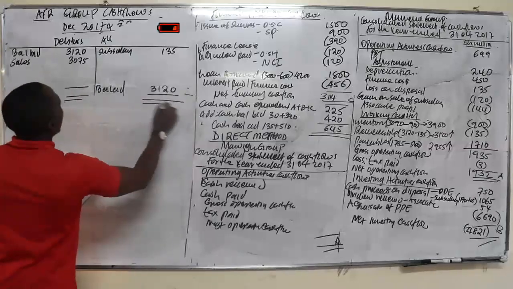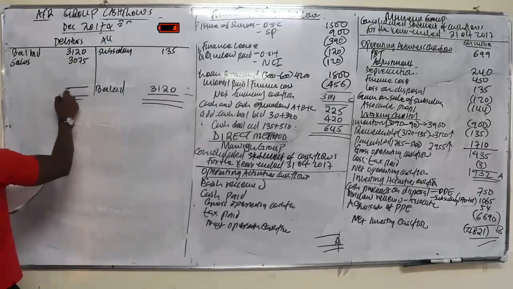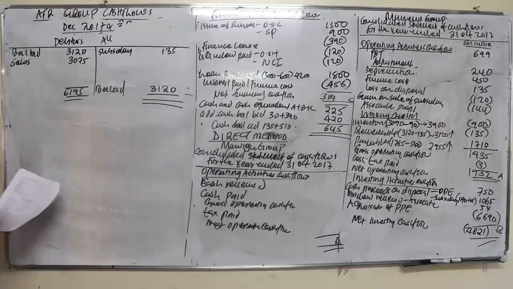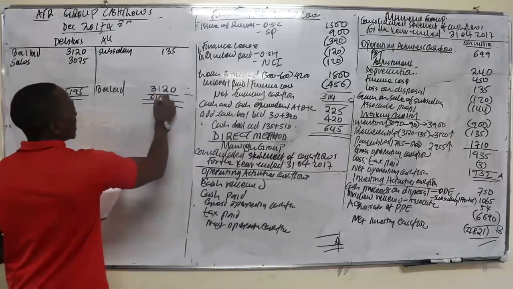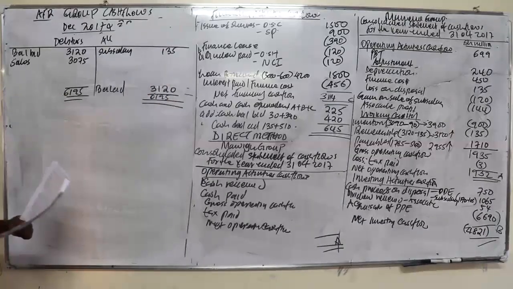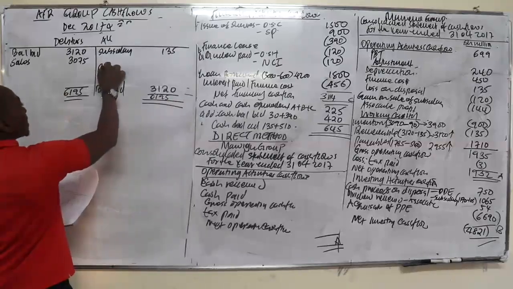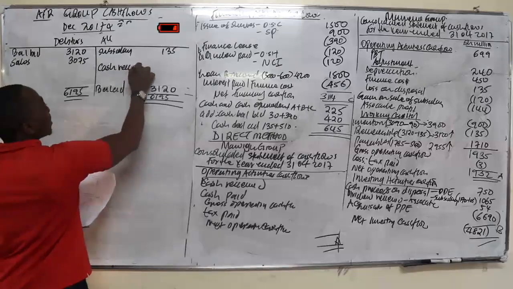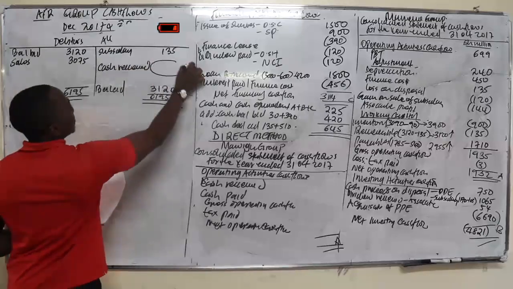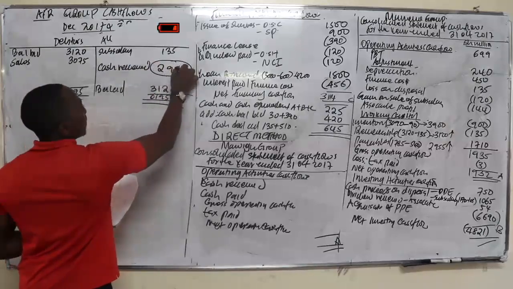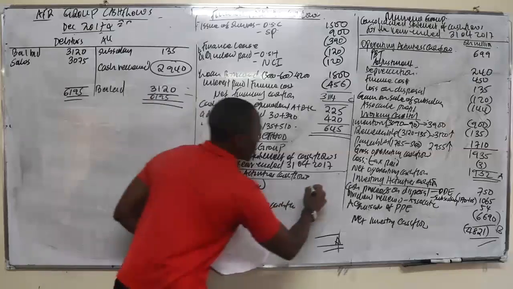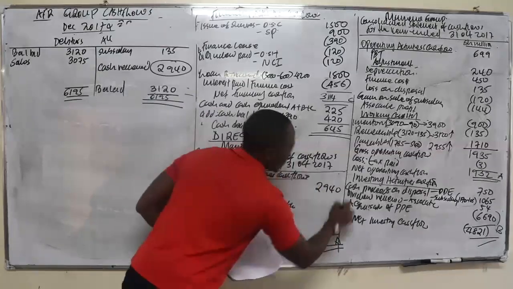This one you get 6195. There is a reduction to that, 255. That deduction is the cash received. So the cash received is 29.